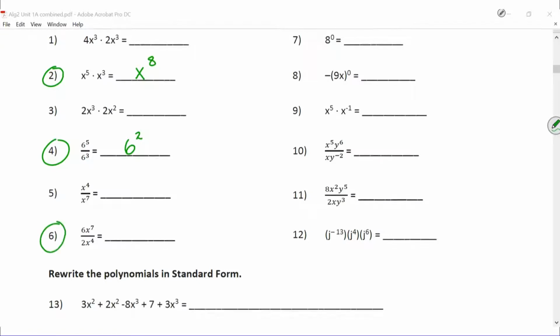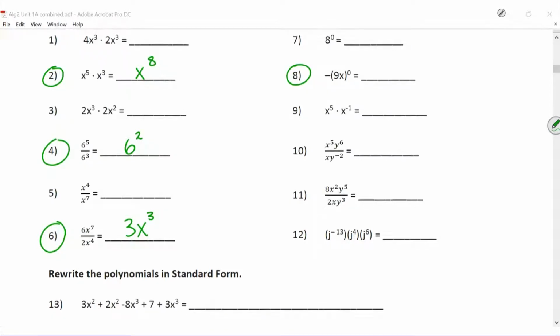Number 6, 6 divided by 2 is 3. And then x to the 7th power divided by x to the 4th power, these are the common bases. I will subtract the exponents, top minus bottom. So 7 minus 4 is 3. Number 8, I have a 0 exponent.